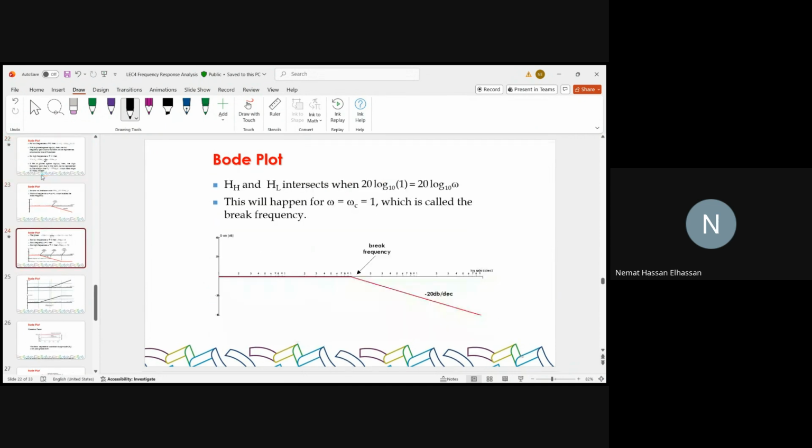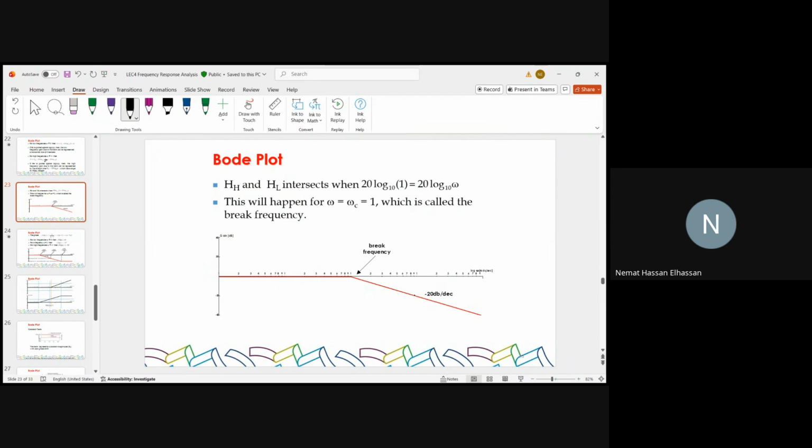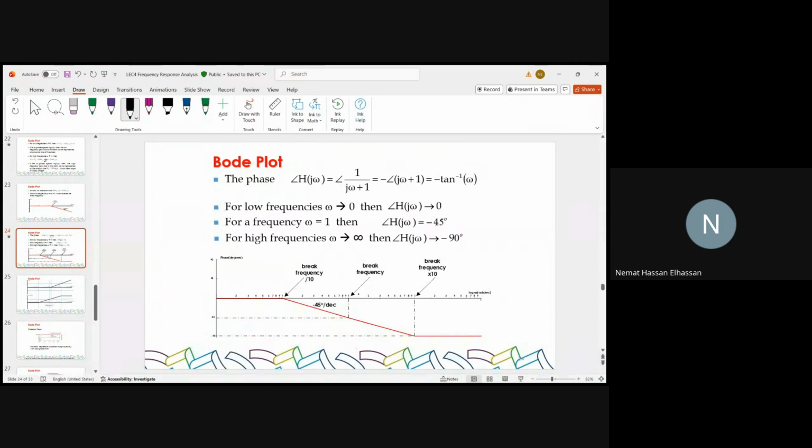So I'll just go back to the rules. If we have a pole, this is for the phase, it's plotted by constant decrease. This is its gain. Its phase is a constant decrease, but we start from break frequency over 10 until break frequency times 10, which is exactly what we did.